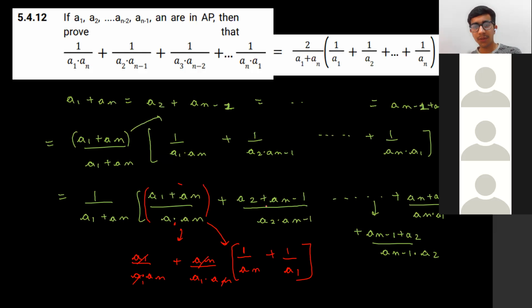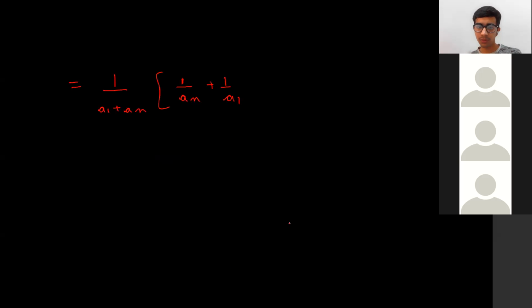Similarly, when we separate the numerator with the denominator in the second term, we get 1 over an minus 1 plus 1 over a2. So the second term will be 1 over an minus 1 plus 1 over a2.